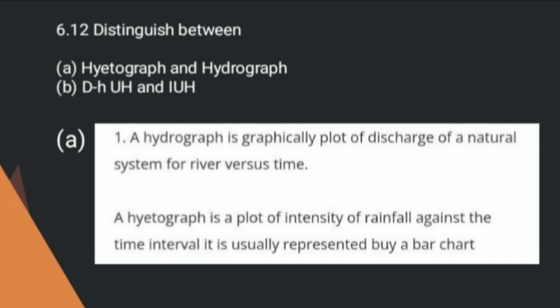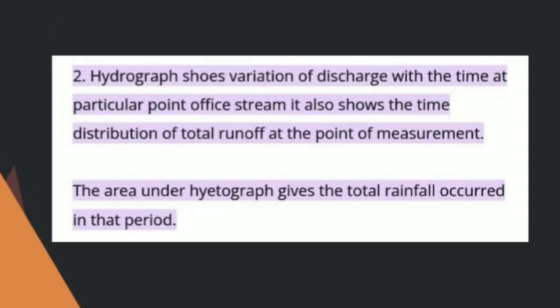It is usually represented by a bar chart. 2. A hydrograph shows variation of discharge with time at a particular point of a stream. It also shows the time distribution of total runoff at the point of measurement. The area under the hydrograph gives the total runoff occurred in that period.